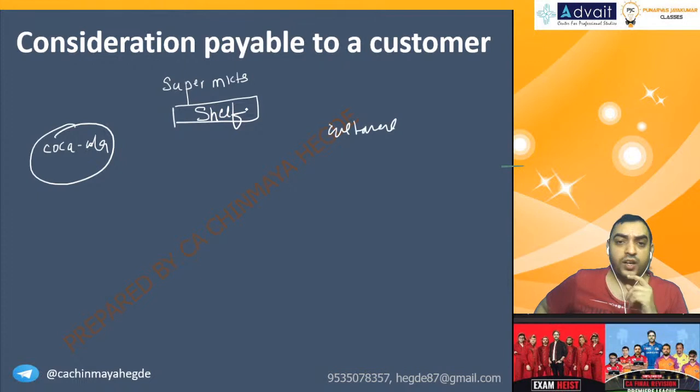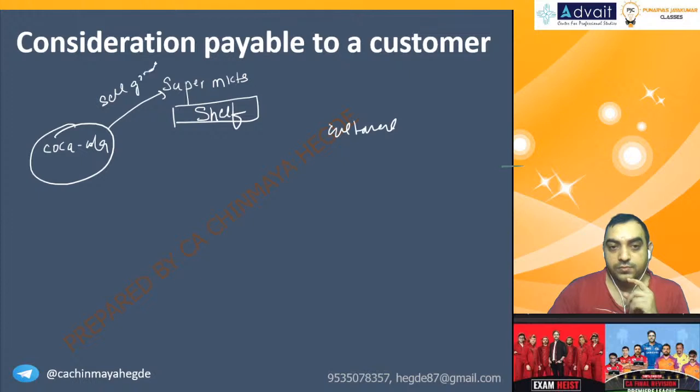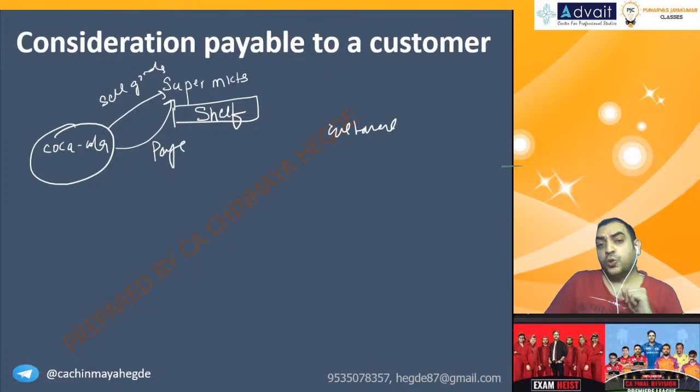So what Coca-Cola does, it will sell goods, but it also pays money for keeping the Coca-Cola in a certain shelf. Because when you go to a supermarket, please observe the way the products are arranged.